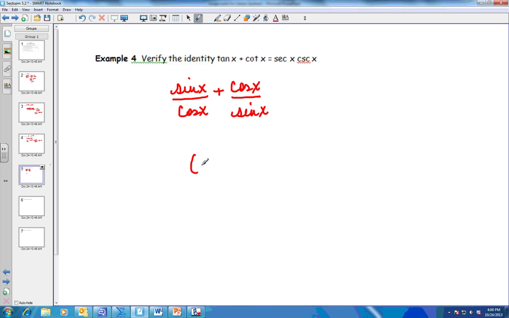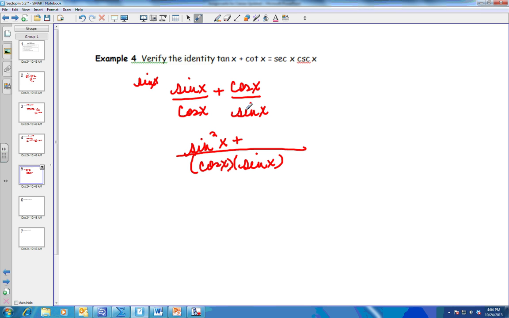So I need a common denominator, which is cosine x times sine x. So my first fraction is missing a sine x, so that's why I need to multiply the top and the bottom by it. So sine x times sine x is sine squared x.